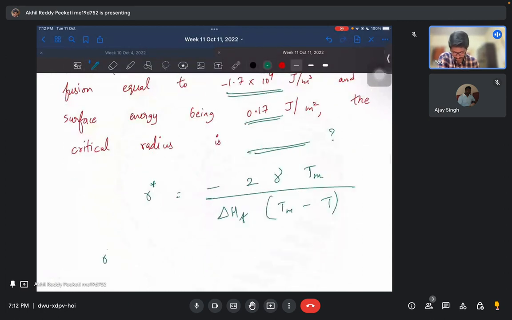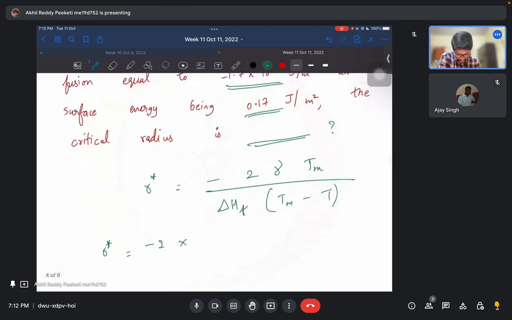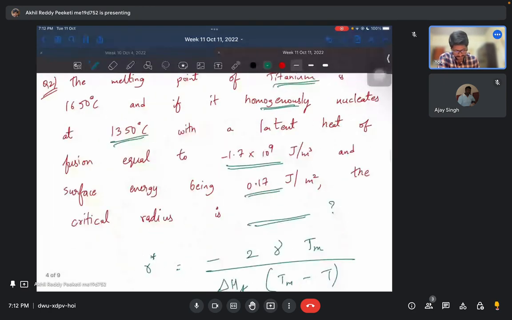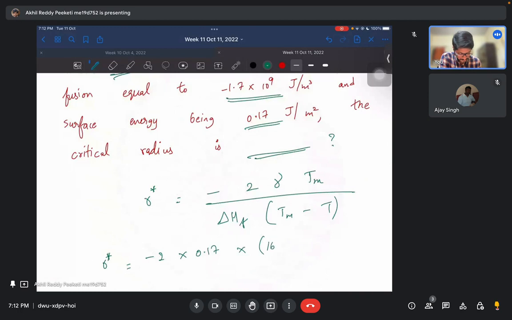Okay, so that would give us minus 2, and the surface energy is given as 0.17 joule per meter square. The melting temperature is 1650 degrees Celsius, so we need to convert it to Kelvin.